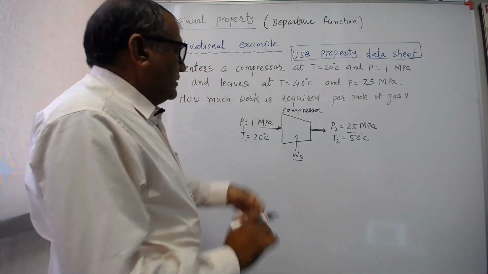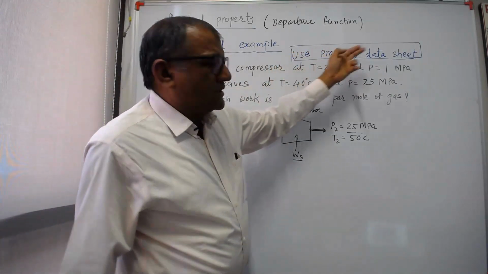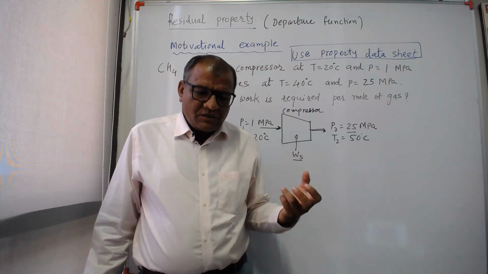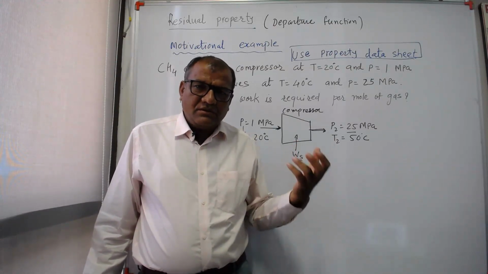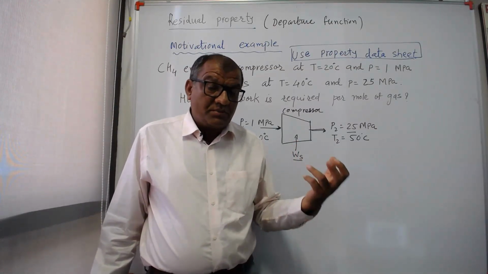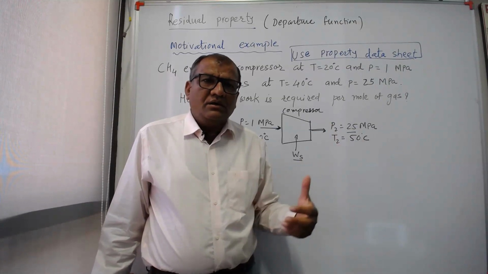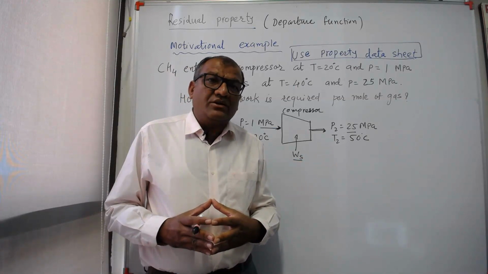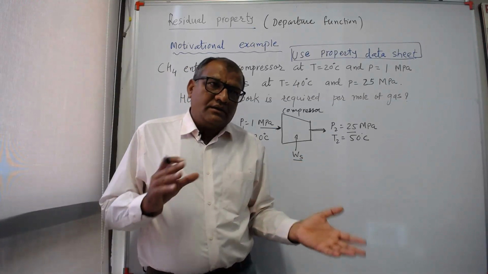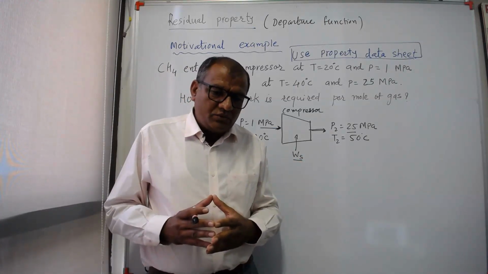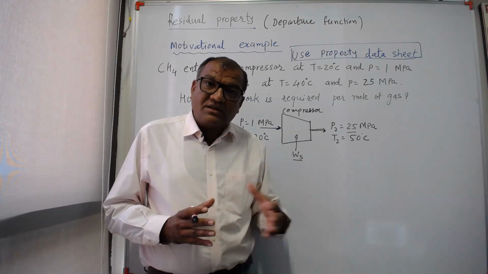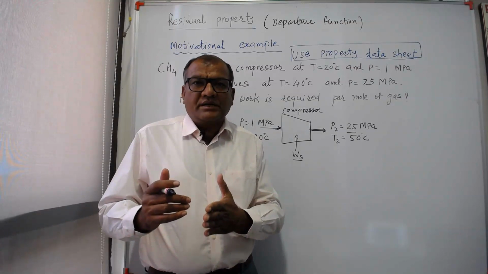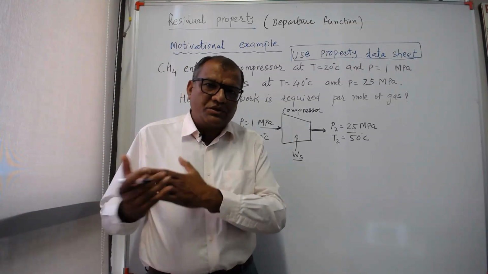Here, we can use a property data sheet if we require any property, for example Cp, the specific heat at constant pressure. We can take it from the literature. If I want to use any equation of state, such as the van der Waals equation of state, then I can take the value of the van der Waals parameters from the property sheet.